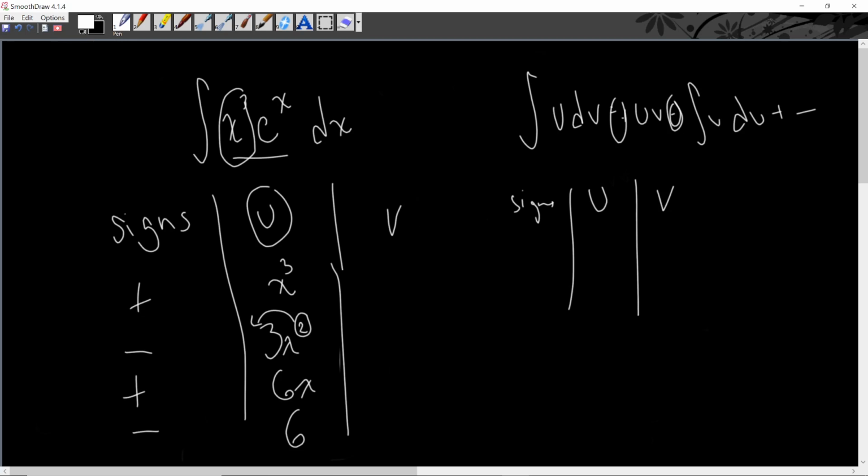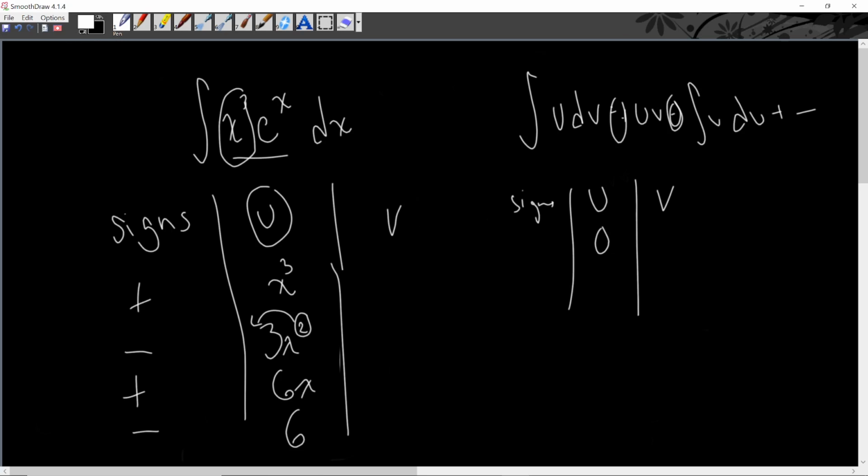And then 6 can be differentiated further, so we'll get 0. So the point of differentiating u until you can't any further is so that you get to 0. And that will be a good segue into some functions where this will not be the most correct way to handle it.